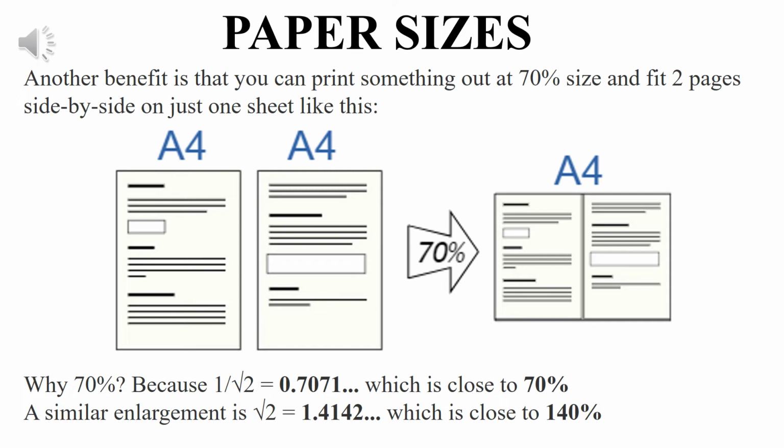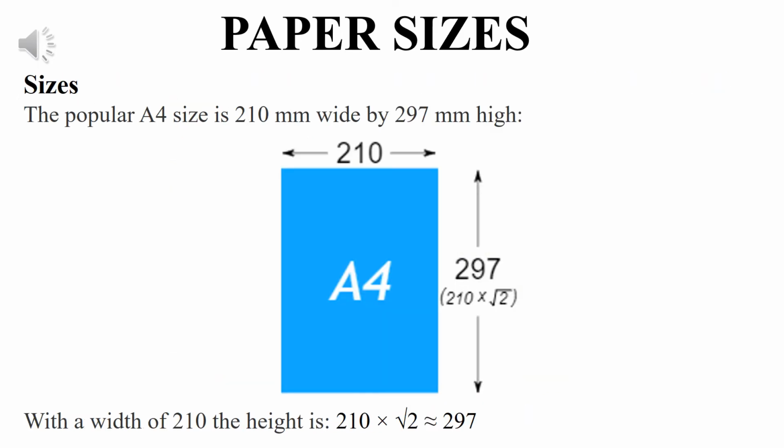Why 70%? Because 1 over square root of 2 equals 0.7071, which is close to 70%. A similar enlargement is square root of 2, which equals 1.4142, which is close to 140%. Sizes.